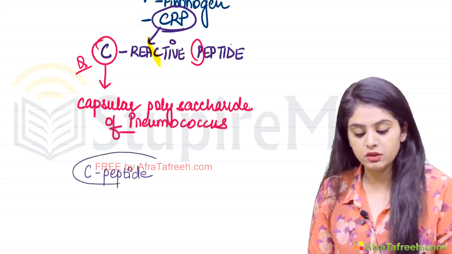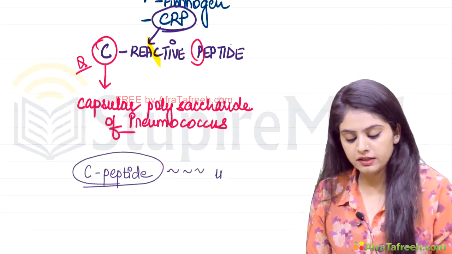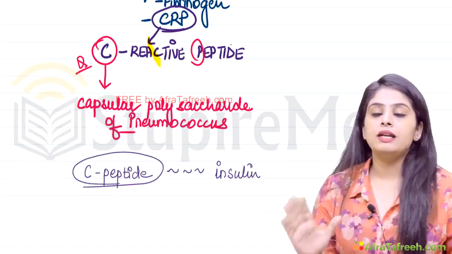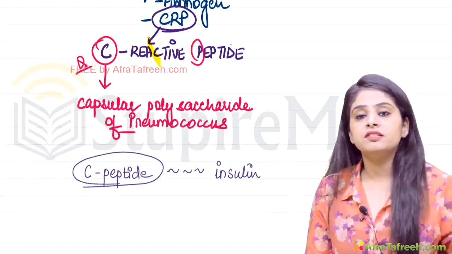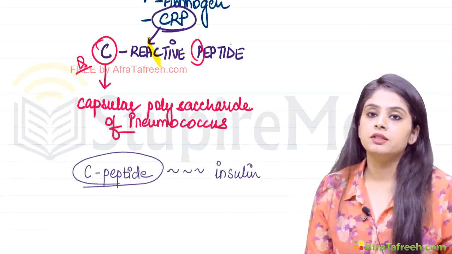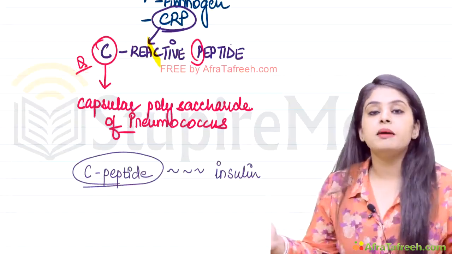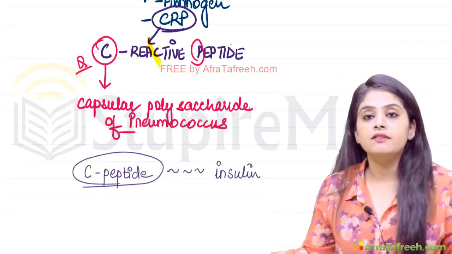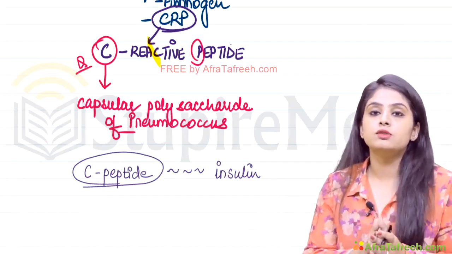Yes, you must be able to recall that C-peptide is produced alongside insulin. So if 20 molecules of insulin are being produced in our body, 20 molecules of C-peptide are produced by our body. So C-peptide is totally different. C-reactive peptide is an opsonin, is involved in inflammation, that is totally different. We do not have to confuse these two.